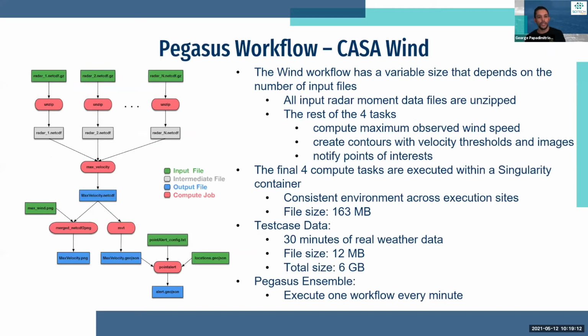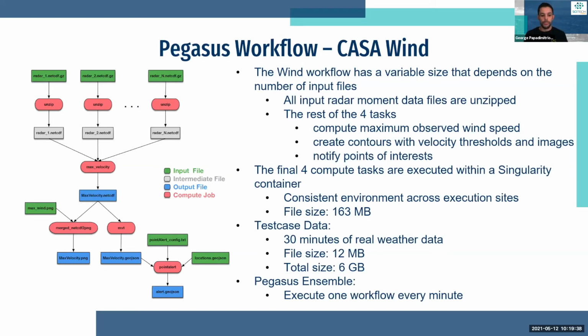So a little bit about the Pegasus workflows that we used for the evaluation. The first one is the Casa Wind workflow, and the structure you can see on the left side. This workflow has a first layer that gets input files and has to unzip them. And then based on the unzipped files, it calculates a max velocity grid.